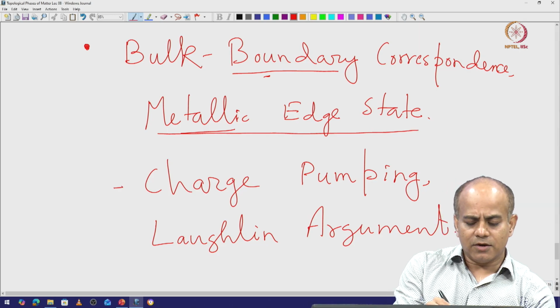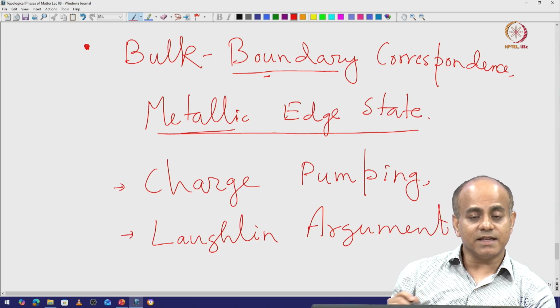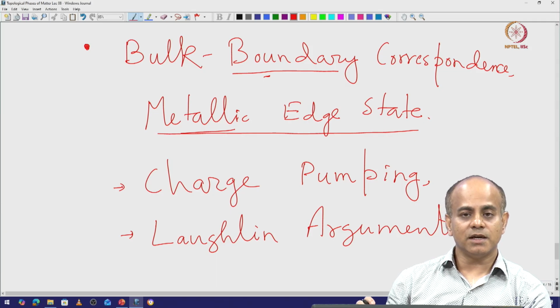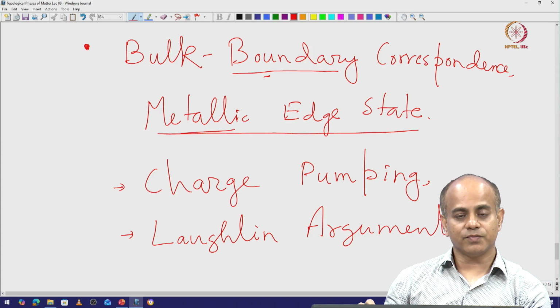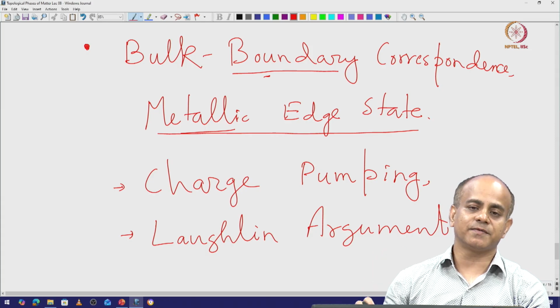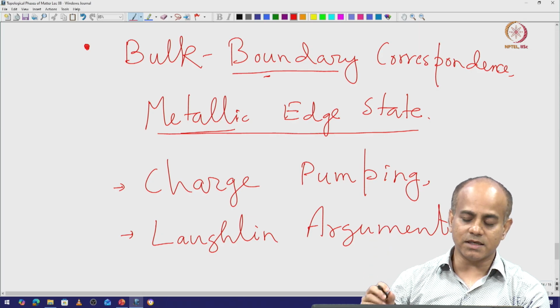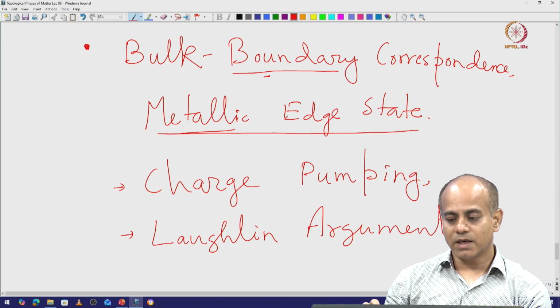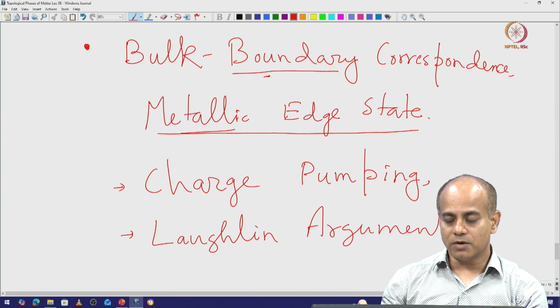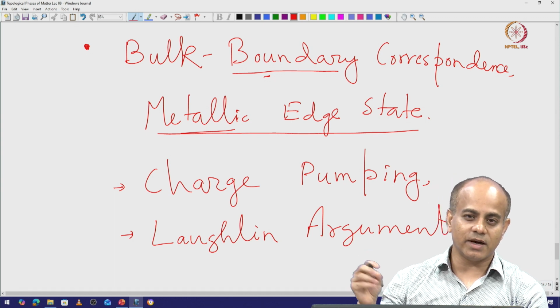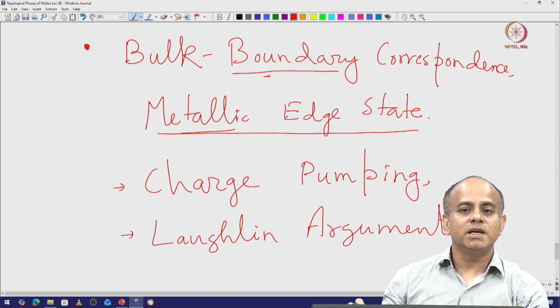So, those are the metallic edge states. And then we will build on that to talk about how there is actually a charge that is being pulled from the bulk and sent to the edge by changing the magnetic field, or rather by changing the flux, which we saw earlier when we talked about the flux threaded through the solenoid and how the electrons are moving.